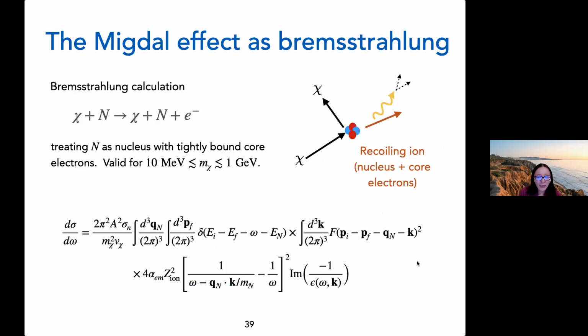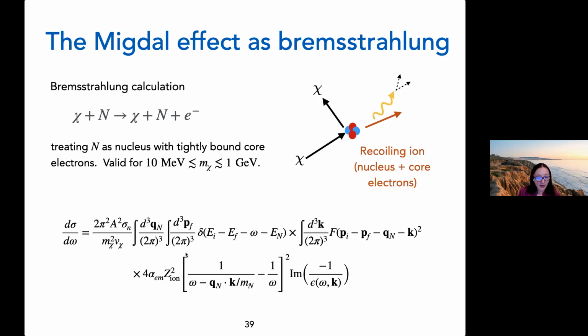The idea we had was to treat it more like the bremsstrahlung calculation, so that you're basically calculating a straightforward 2 to 3 process, with the caveat of less simple details because you're in a periodic material. But it's basically very similar to bremsstrahlung, but with this additional Coulomb interaction that emits the electron.